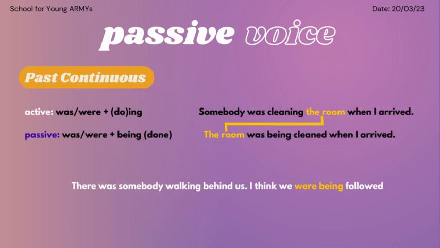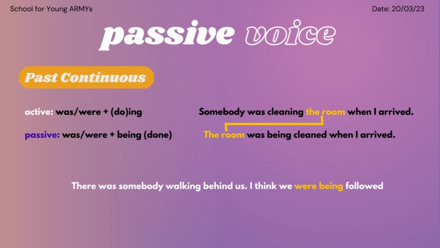And the last but not least is the past continuous, which we have seen at least twice this semester. So we have the structure in the active form was, were, plus the verb, and in the passive we have was, were, plus being, plus the verb.